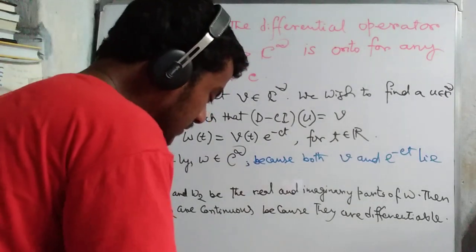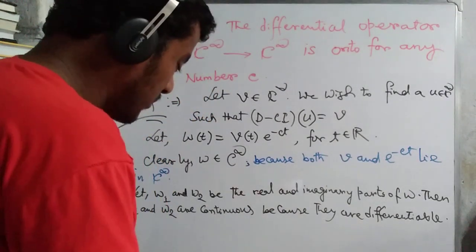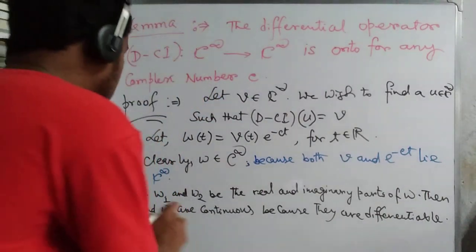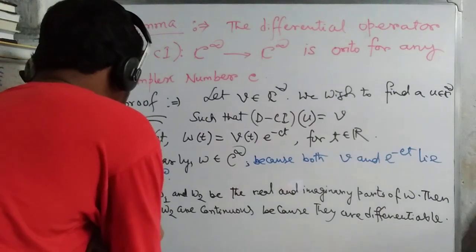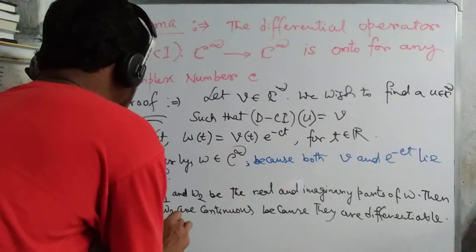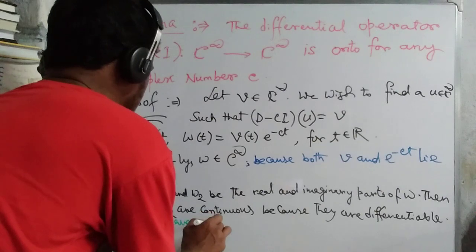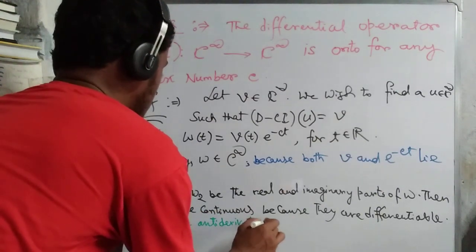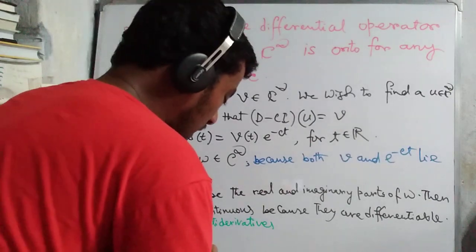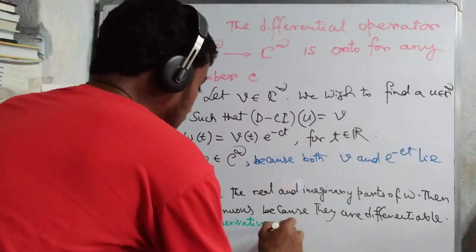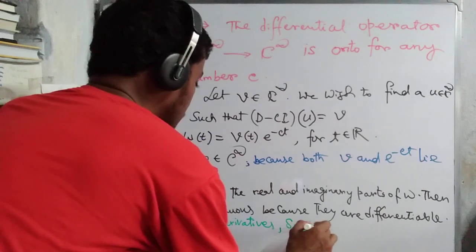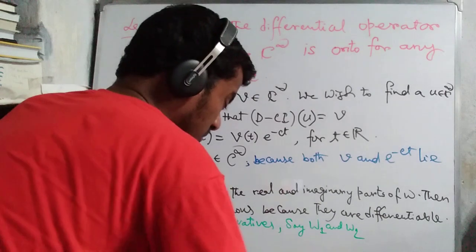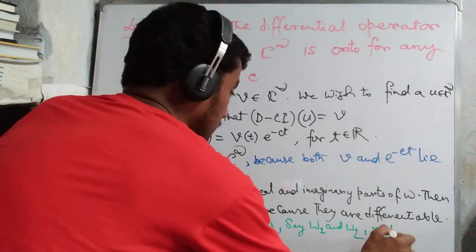Then we also see that they have antiderivatives, say capital W1 and capital W2 respectively.